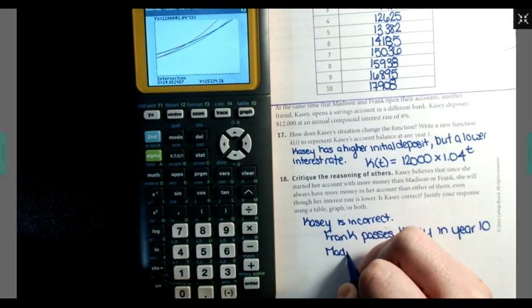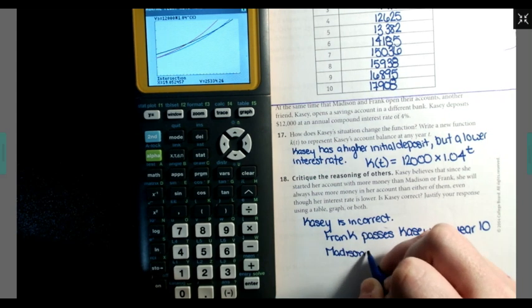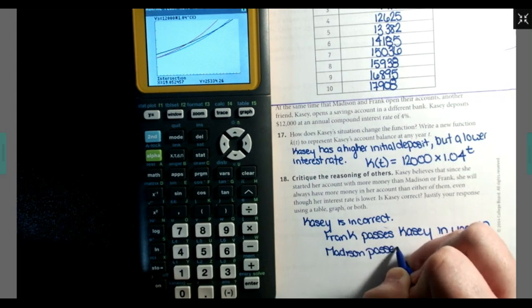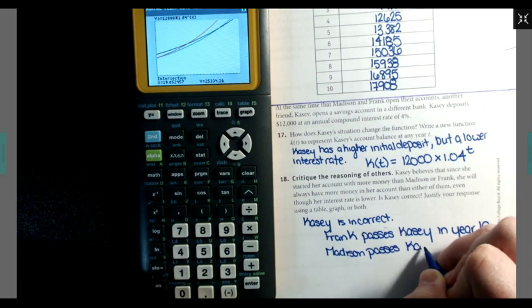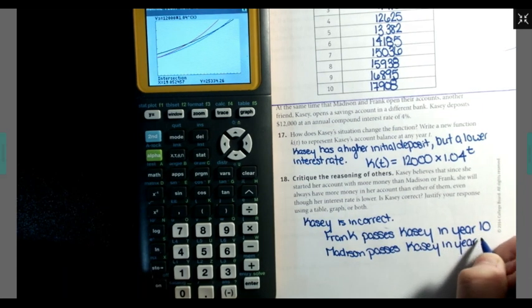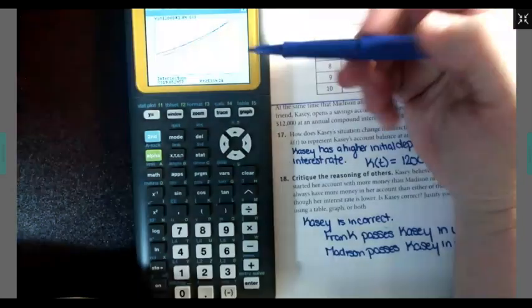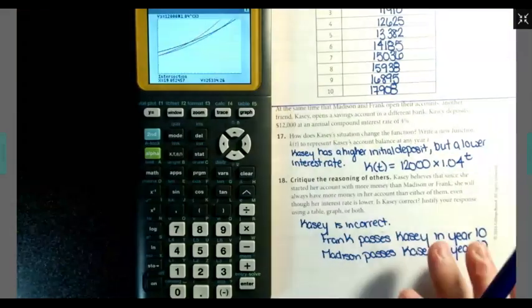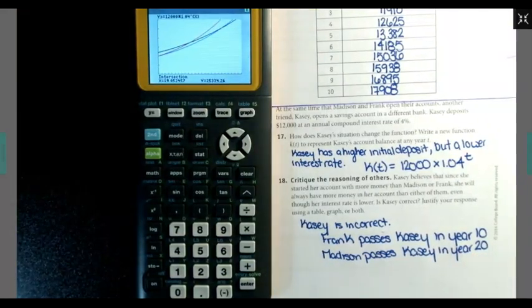Madison passes Casey in year 20, because it was 19 point something. So not at the end of the 19th year, but at the end of the 20th year, she has passed up the amount of money in Casey's account.